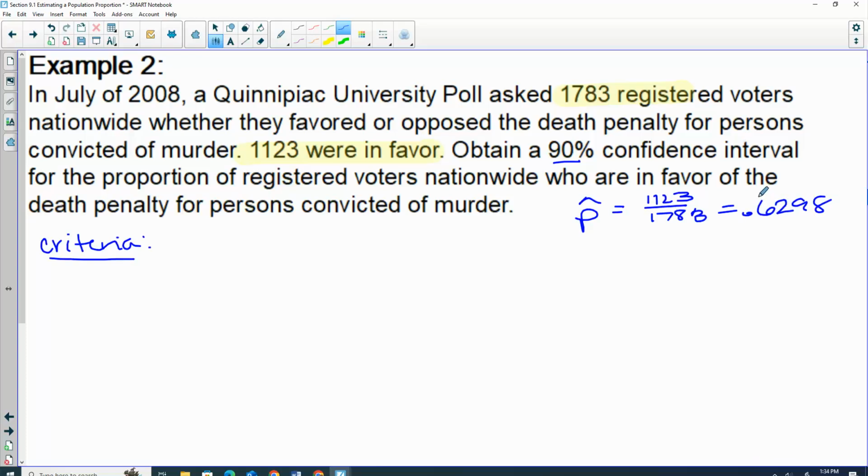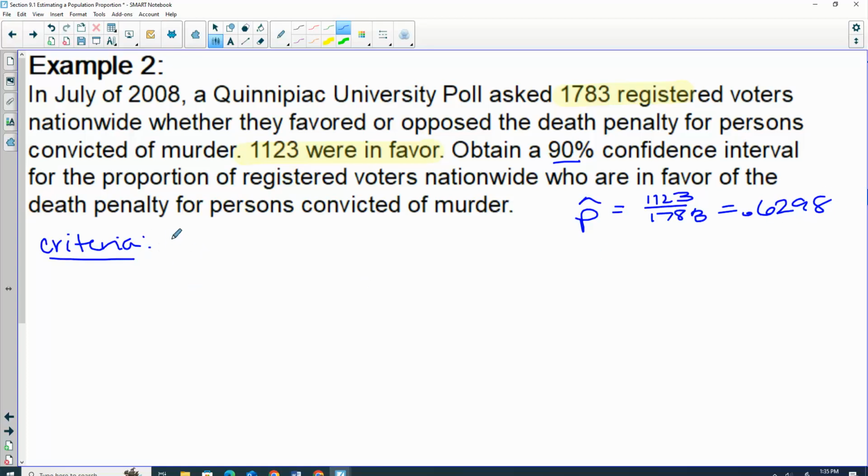Okay, the one thing that's different here, did I give you the p for the original population? No. So this is what we do when we don't have any information about the whole population. We're trying to base it off the sample. So when we're checking our criteria, we are going to use our p hat value.